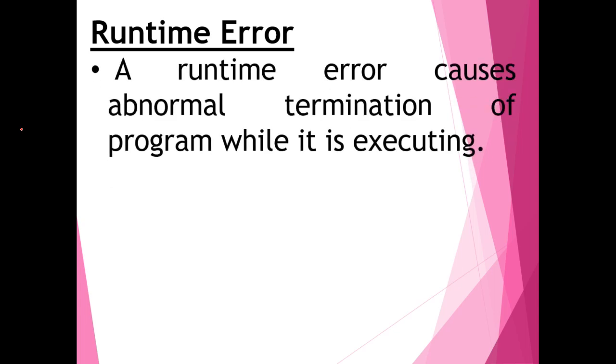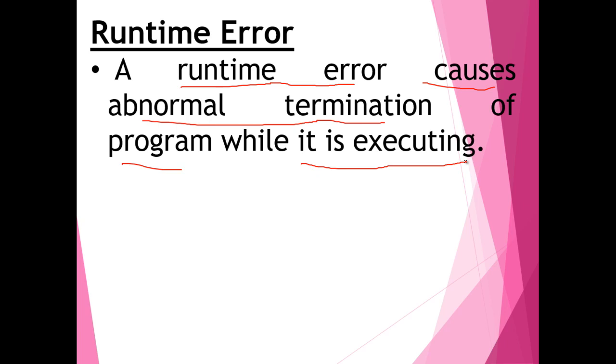Now come to the next type of error, that is the runtime error. So what is a runtime error? A runtime error causes abnormal termination of the program while it is executing. Just remember this phrase, while it is executing.